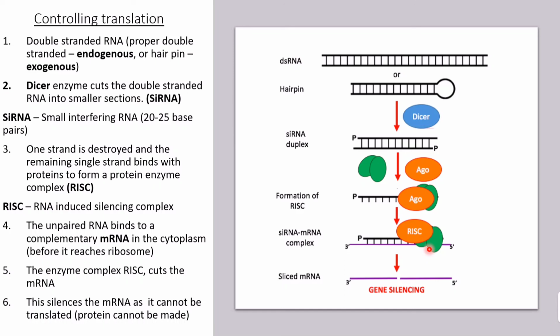So this is how translation is controlled. This is how gene expression is controlled, because the mRNA produced by the nucleus cannot be translated at ribosomes.